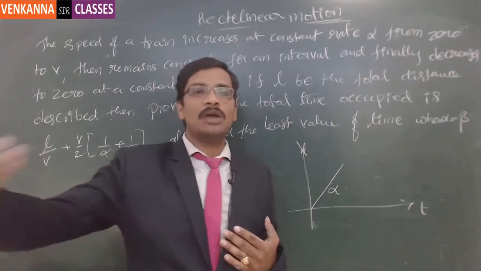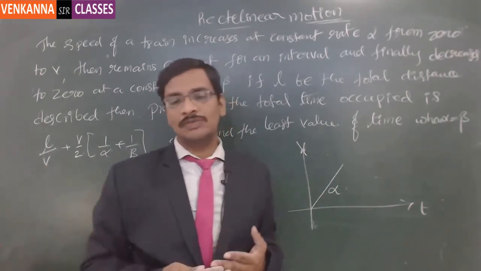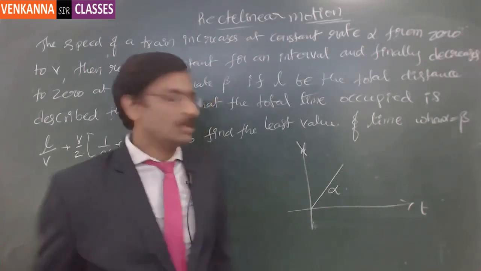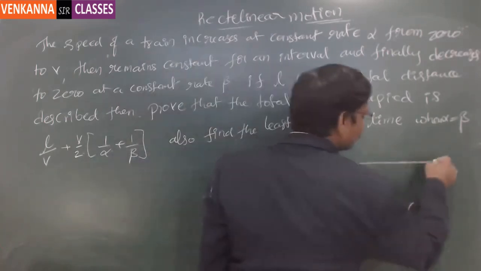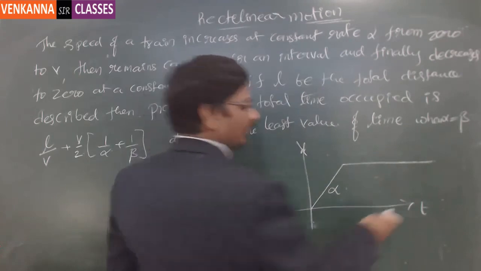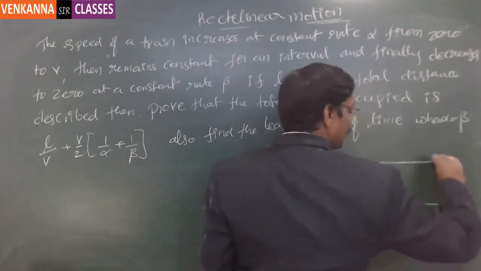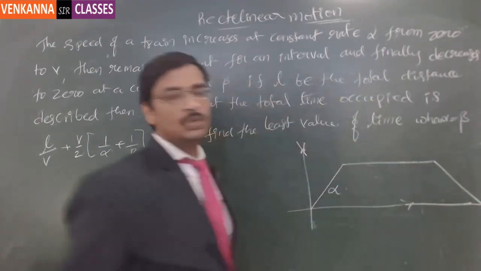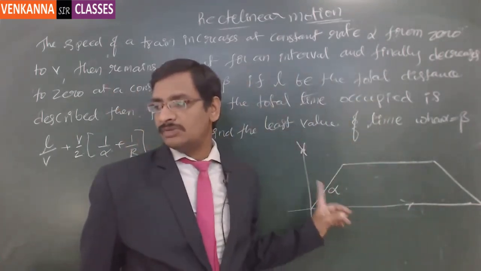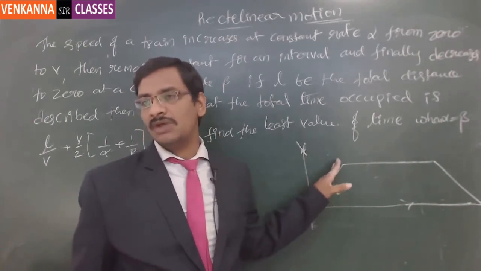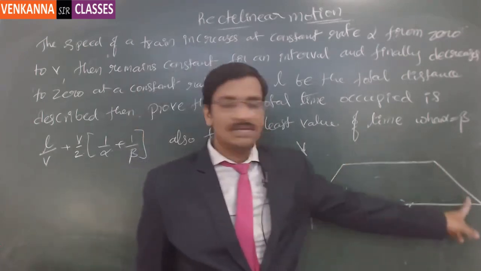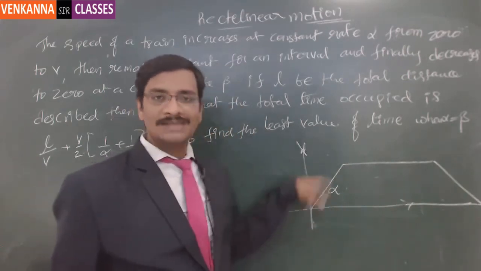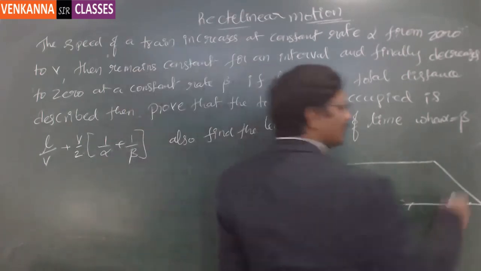But when it gets within maybe 10 or 15 kilometers of Bangalore, they start putting the deceleration on it. That means it maintains that velocity for a certain duration of time, and then they start applying brakes, and finally it comes to 0 velocity. This is the velocity time graph. So it rises with a certain velocity rate and falls with a certain velocity rate, and the slope of this is alpha. That means the acceleration is alpha and the deceleration is beta.